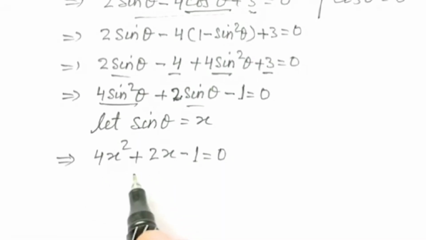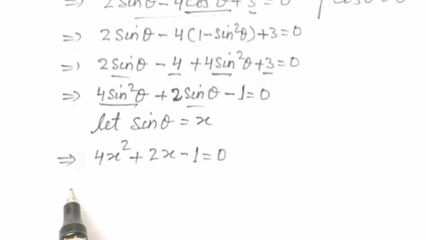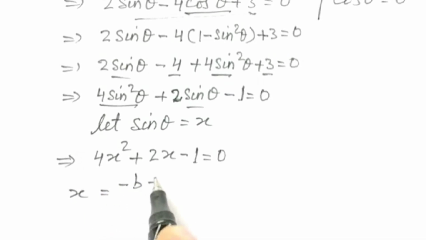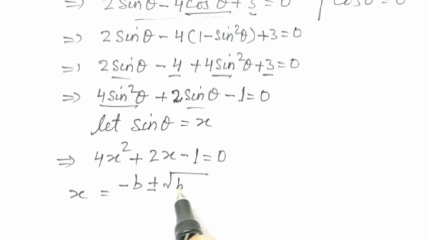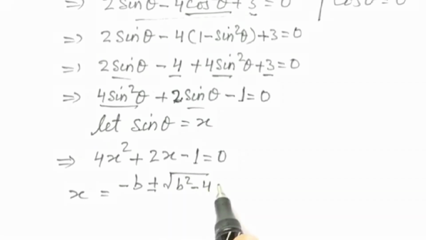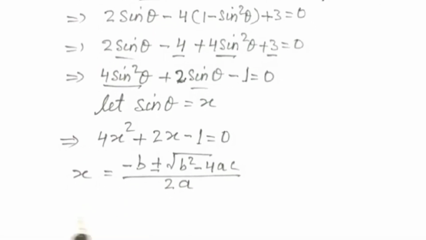Now we have a quadratic form of the equation. So x will be equal to minus b plus minus square root of b square minus 4ac over 2a, right?